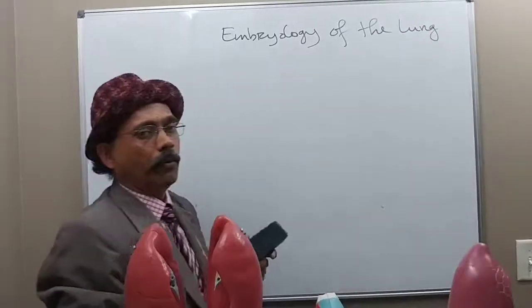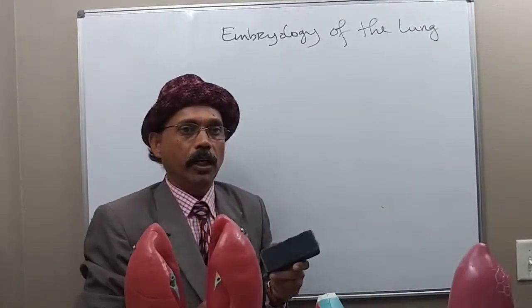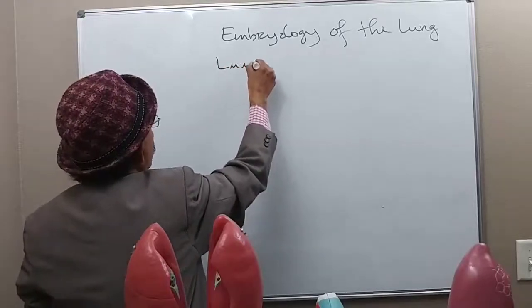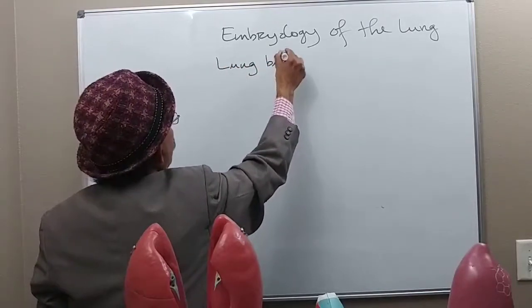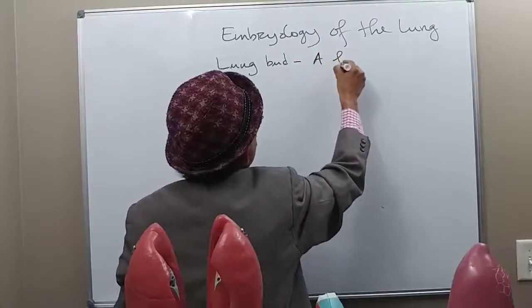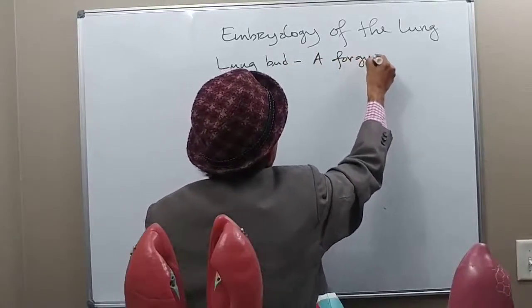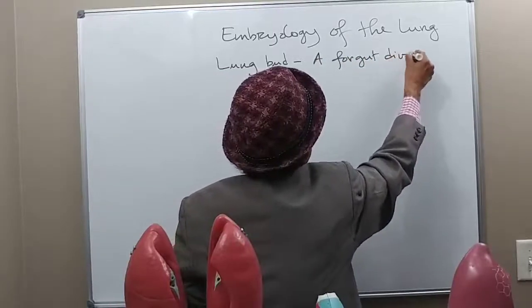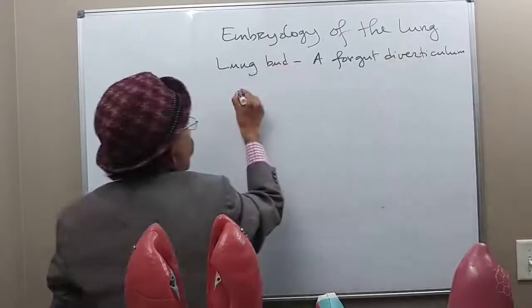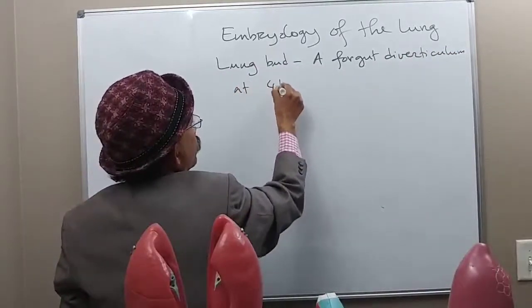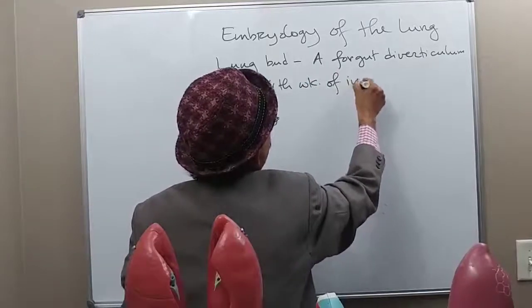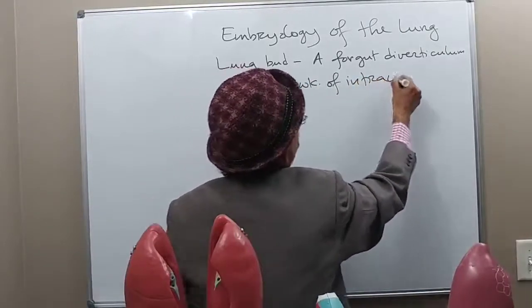Lungs develop as a foregut diverticulum, as a lung bud, around the 4th week of intrauterine life.